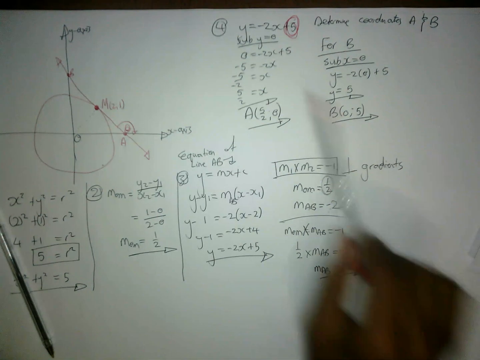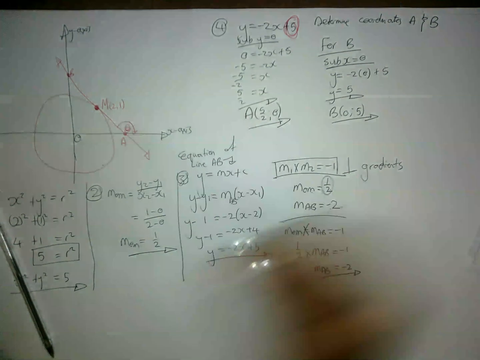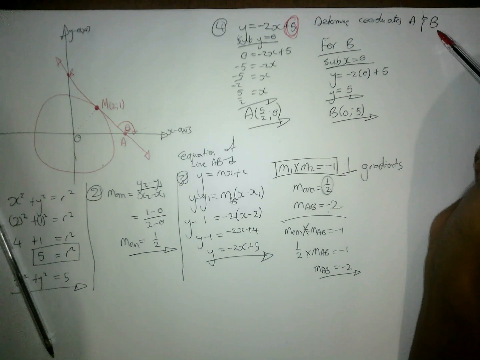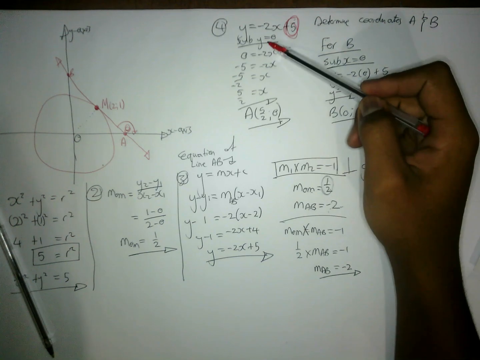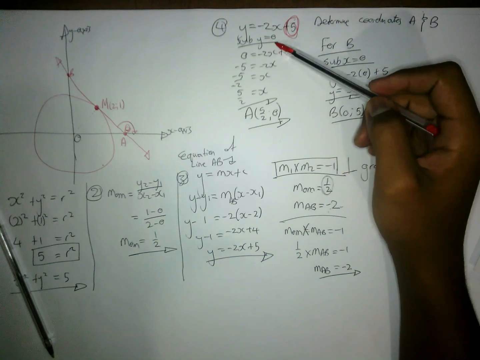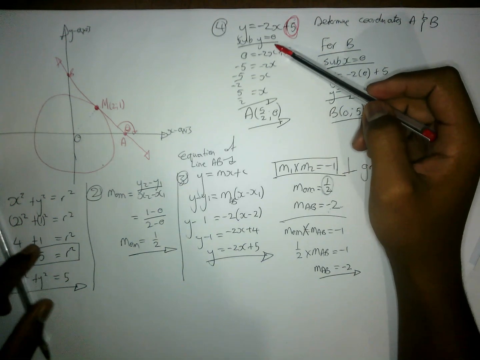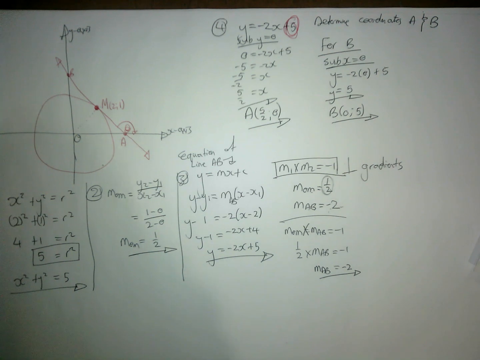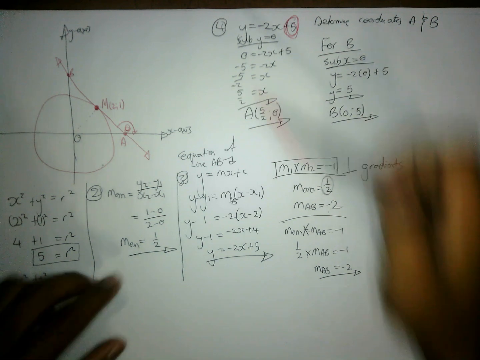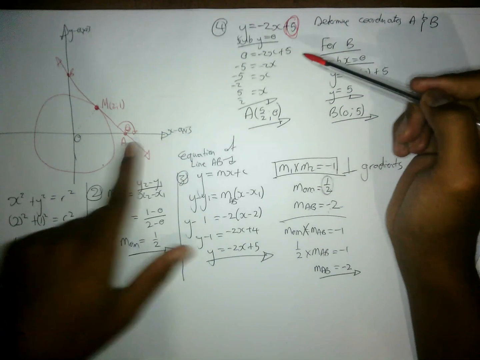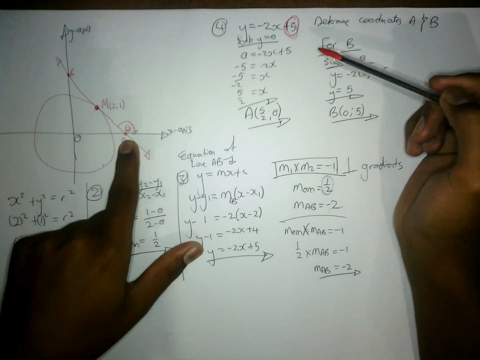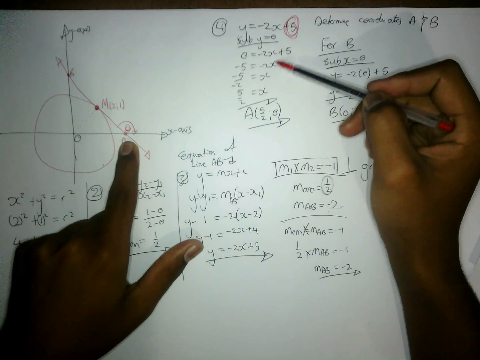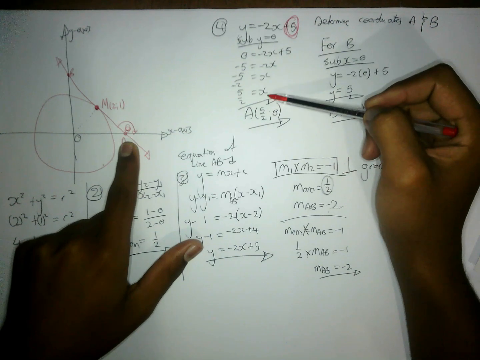B is on the y-axis, so his x is going to be 0. Very straightforward. For those who just joined us now, we determined the coordinates of A and B. For the coordinate of A, it's the same as the parabola, the coordinate geometry we did first. A is on the x-axis, so his y is going to be 0. So we substituted y for 0, solved x, finished.